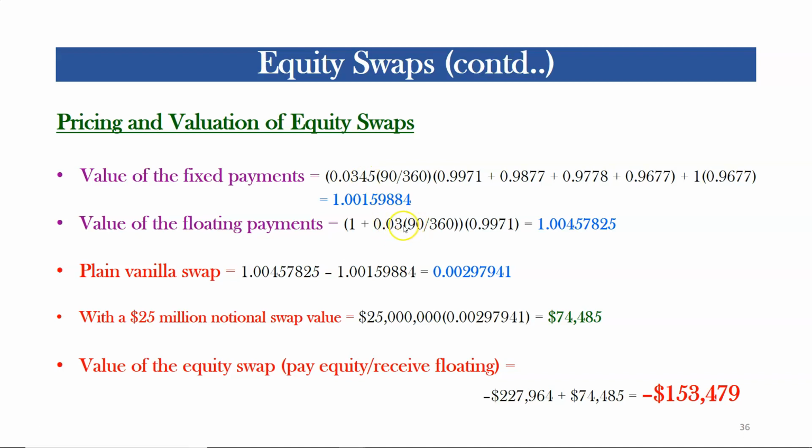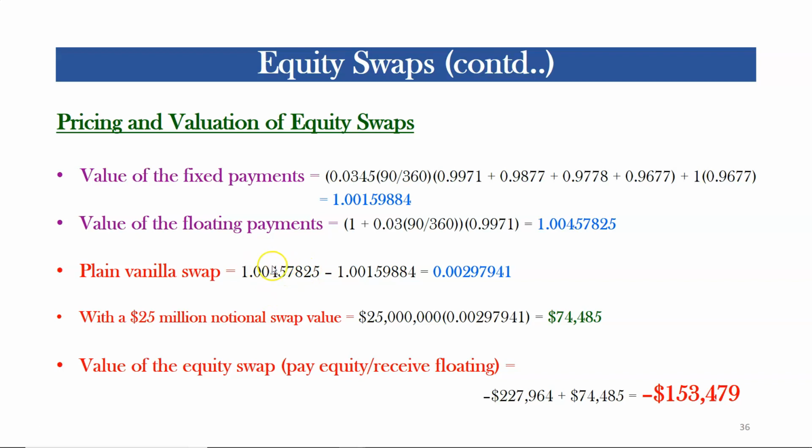So the present value of this interest plus the par value of the floating rate bond on the next reset date, that is $1, is equal to the floating rate bond value on day 60, and we have used the 30-day discount factor on day 60. Now to calculate the value of the plain vanilla swap, we simply have to deduct the value of the liability, that is the fixed rate bond, from the value of the asset, that is the floating rate bond.